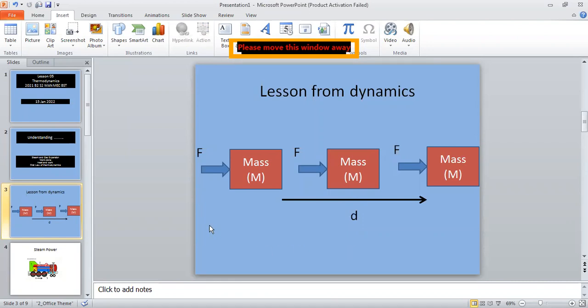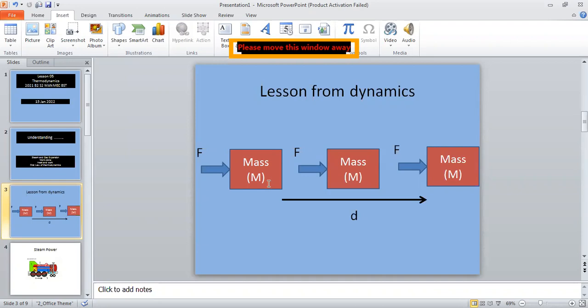Now imagine this force F applied on mass M. Something happened to this mass; the state of this mass changed, which means it moves. You see the mass is moving. So what happens to this F?